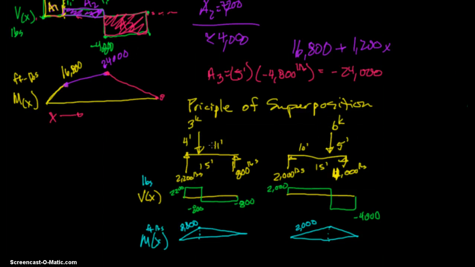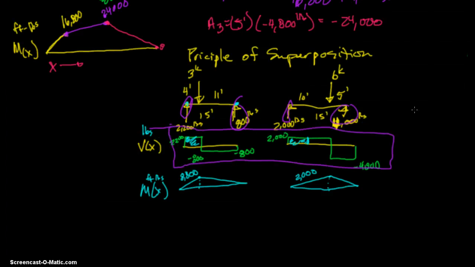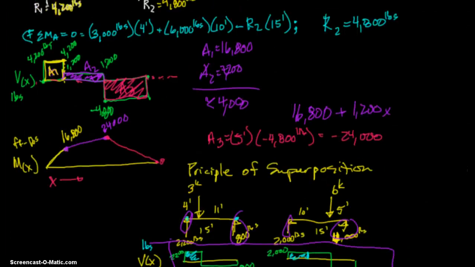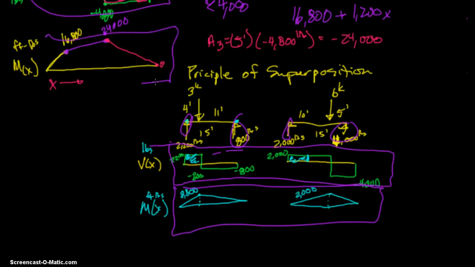If you add the reactions at A, you get 4,200. If you add these two reactions, you get 42, and over here at B, you get 48. If you add these two shear diagrams, you will get this shear diagram. And the same for the moment. If you add these two moment diagrams, you will get this looking thing.